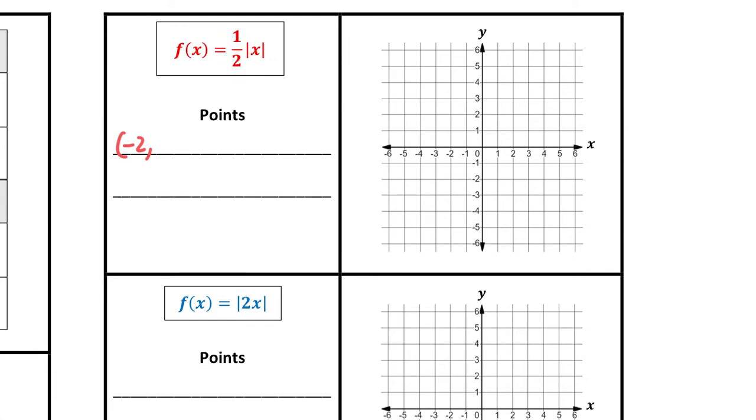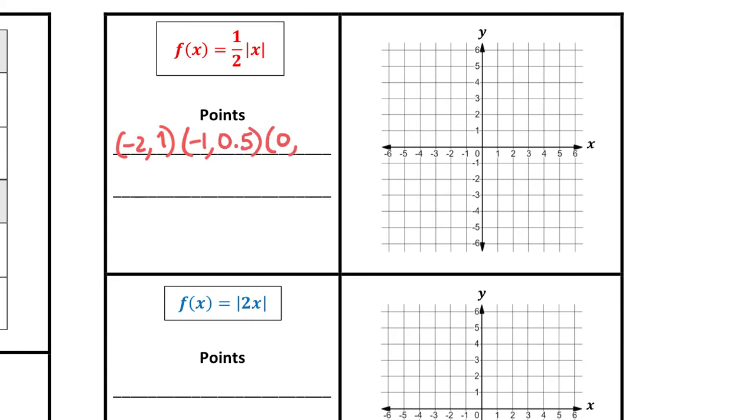Positive 2 times 1/2 is 1. Then the next value we're going to plug in is negative 1. The absolute value of negative 1 is positive 1. What's positive 1 times 1/2? That's 1/2, or we could say 0.5.